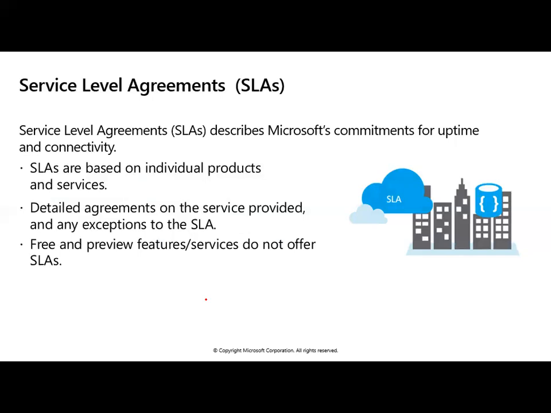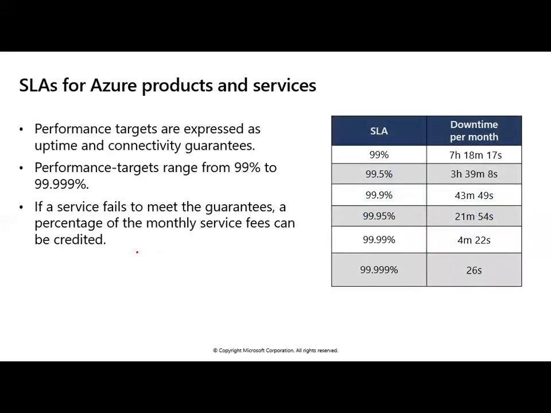Just keep in mind that any feature provided as a free feature, like a free plan for hosting your web app, or any feature currently in the Azure preview stage, which is just out there for beta testing and has not been released to the general public, won't be a part of any SLA and won't offer any SLA. So that's Azure's SLA for you.